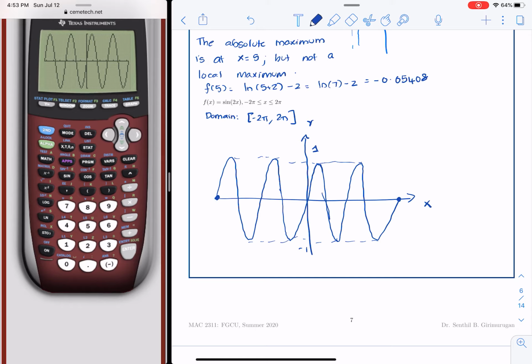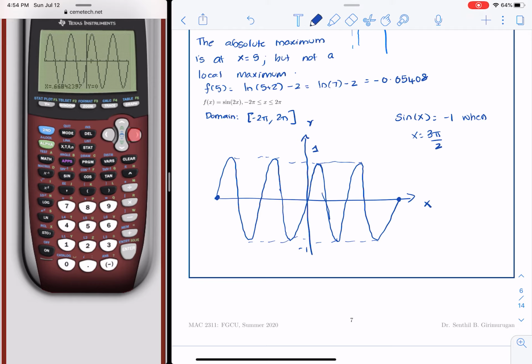And when would sine result in a negative value or negative 1? Well, sine x is equal to negative 1 when x is equal to 3 pi over 2. But now we have 2x. So we want sine 2x is equal to negative 1, which would imply that it would end up being negative 1 at 3 pi over 4.